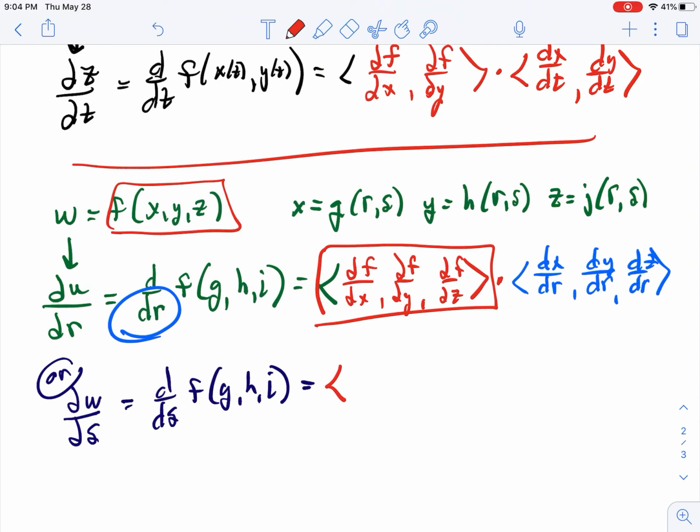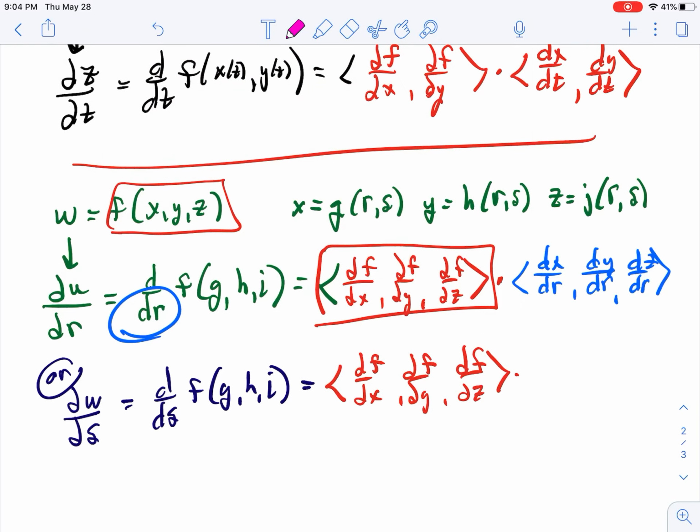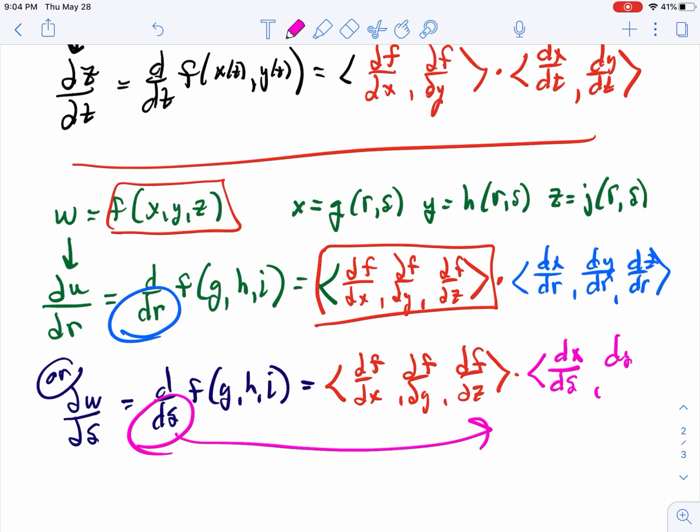So it does not change this at all. You're still taking that function, doing the partial derivatives of that, converting it into a vector. So df dx, df dy, df dz, but okay, my dot product, this would be dx, but now we're doing it in terms of s, not r.